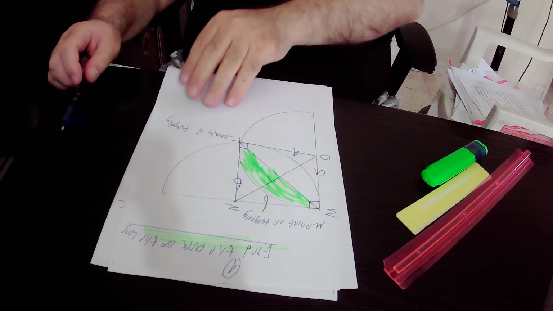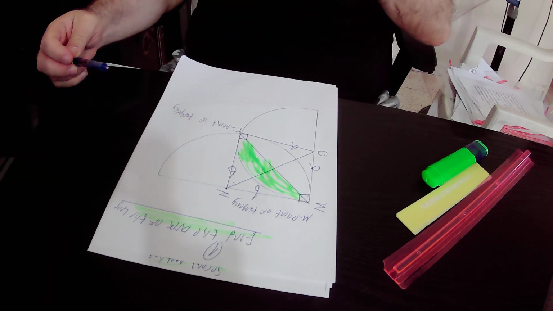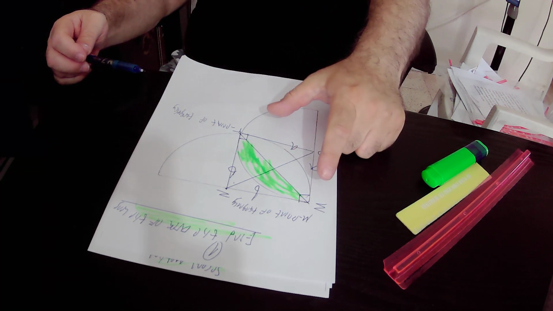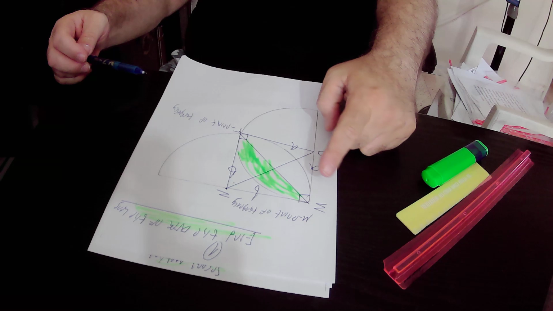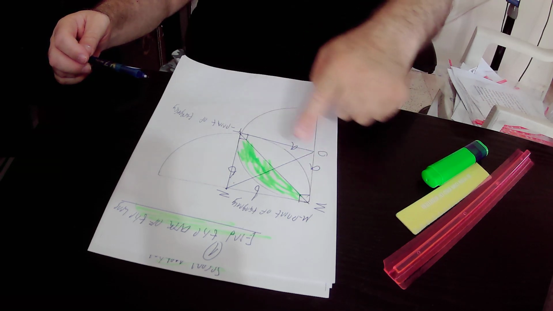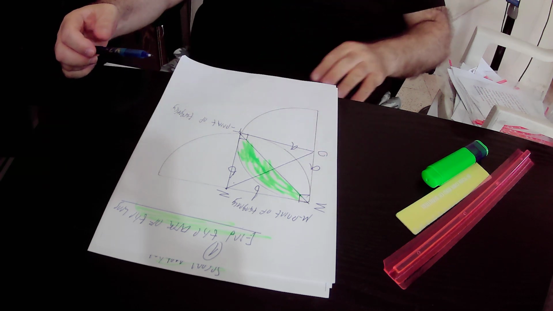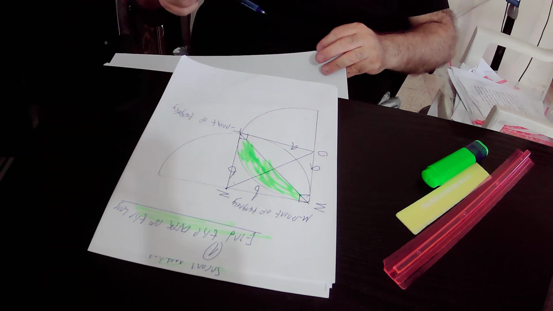So here, we have circular segment ML. The upper circular segment ML. So what is the area of the upper circular segment ML?